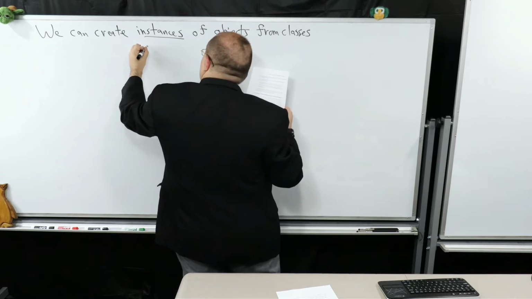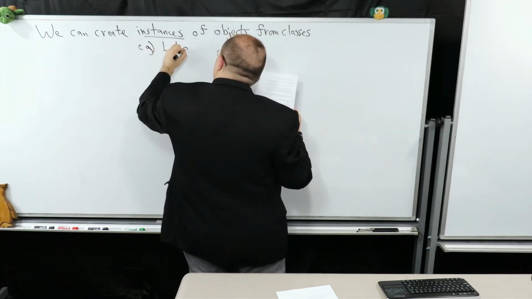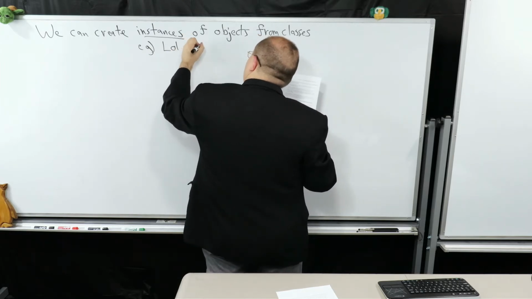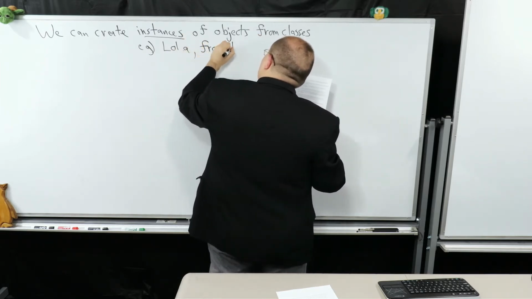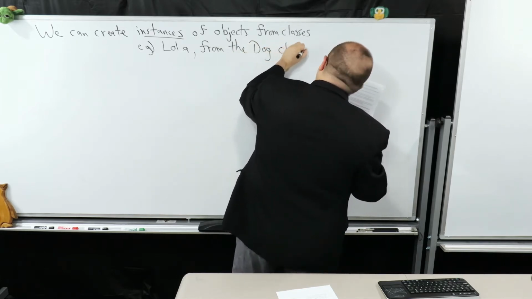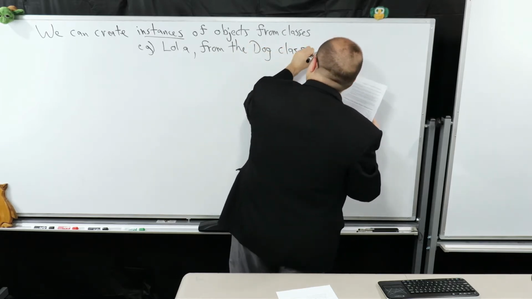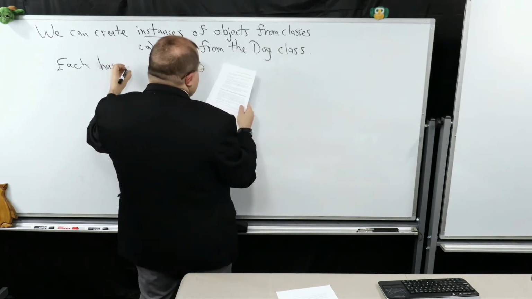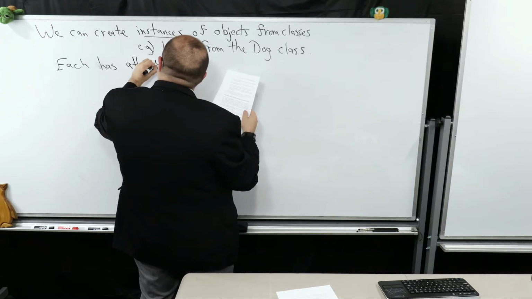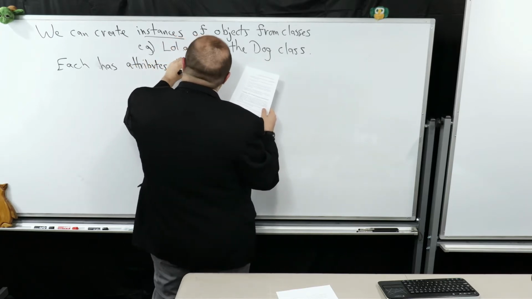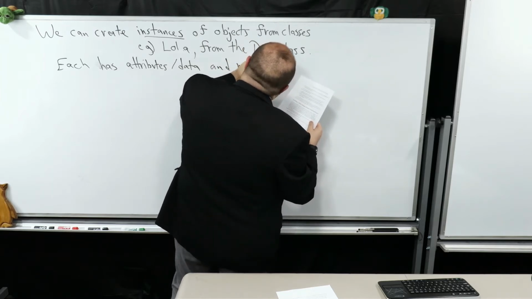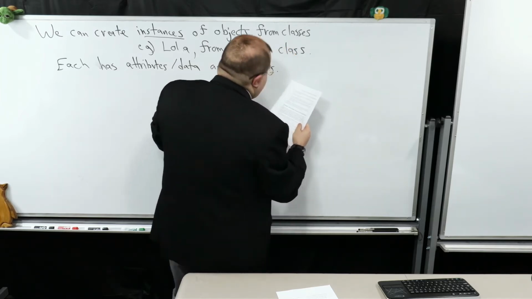For example, Lola from the dog class. Each has attributes and data and methods.